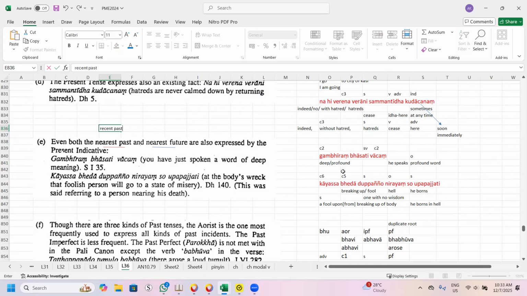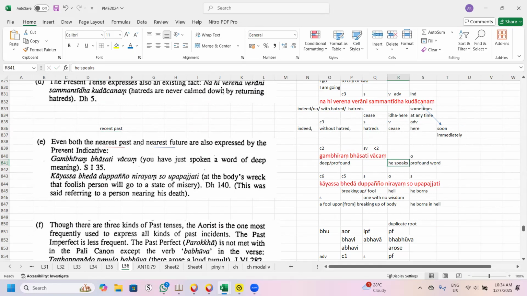Gambira means deep or profound. Abasati. So in this case, it says he speaks profound words, because the word here is profound. This is an adjective to this. You see, this is wacha, speech.